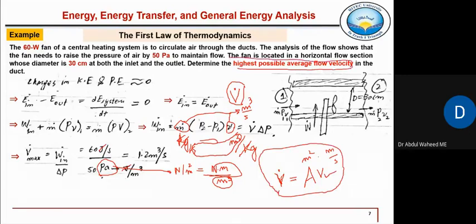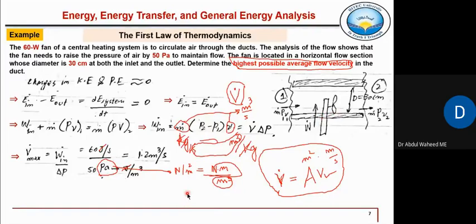average flow velocity. Highest possible simply means by neglecting the effect of friction, because actually there will be frictional losses from here till here. Motor may have losses here, so all those losses are neglected, right? So then whatever velocity or flow which we will get from this device will be maximum, right?